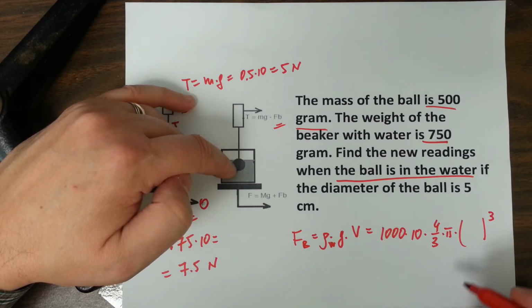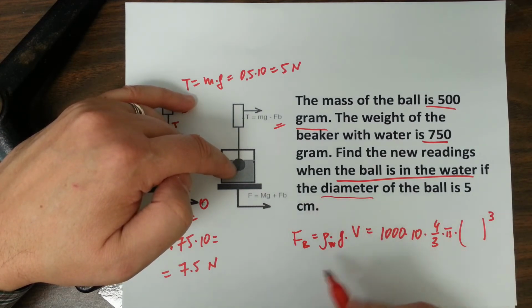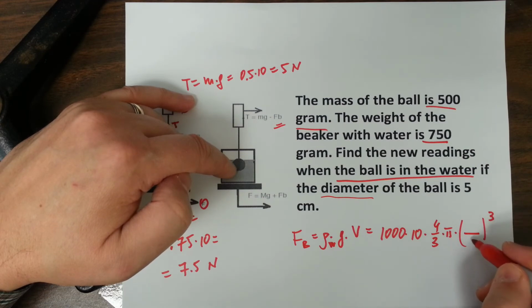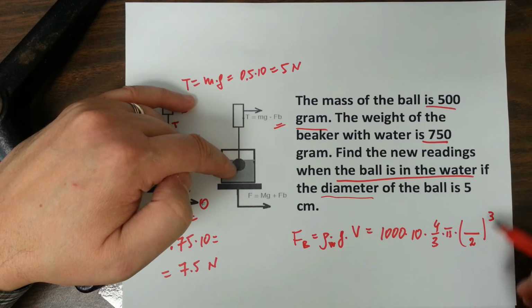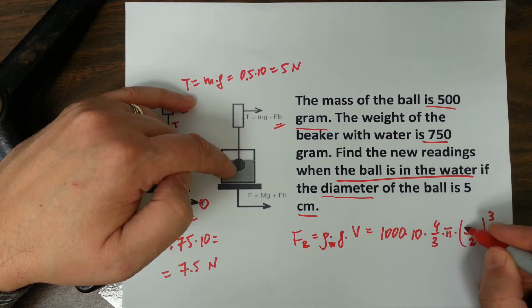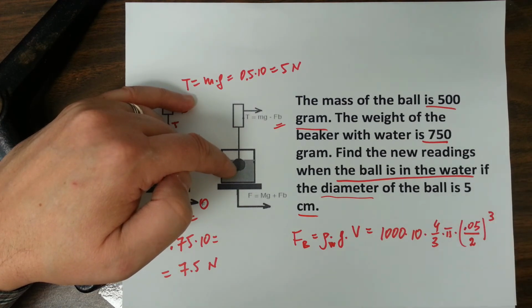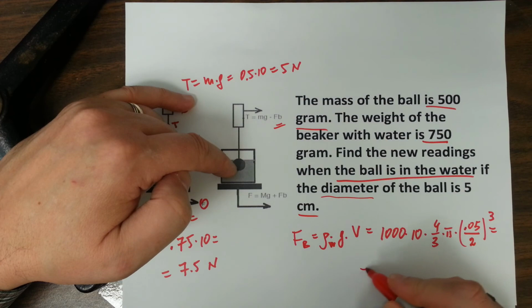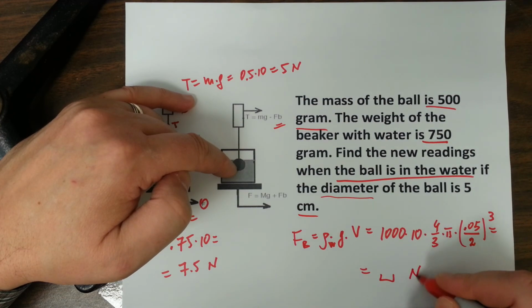First of all, this is the diameter, so to get the radius, we have to divide diameter by 2. And secondly, that's in centimeters, and we want to use the International System of Units. So 5 centimeters is 0.05 of a meter. When we finish this calculation, that will give us newtons.